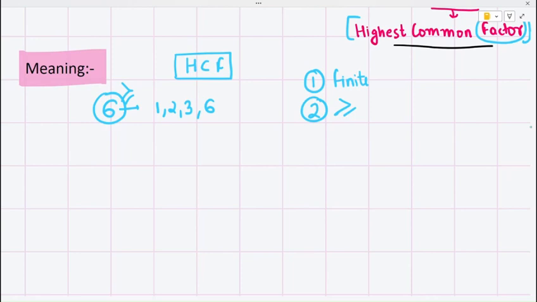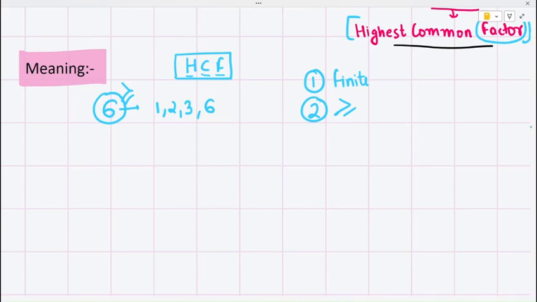Now the term common means that something that occurs in two or more different things, right? And highest is of course the greatest. So we'll understand what exactly is HCF.